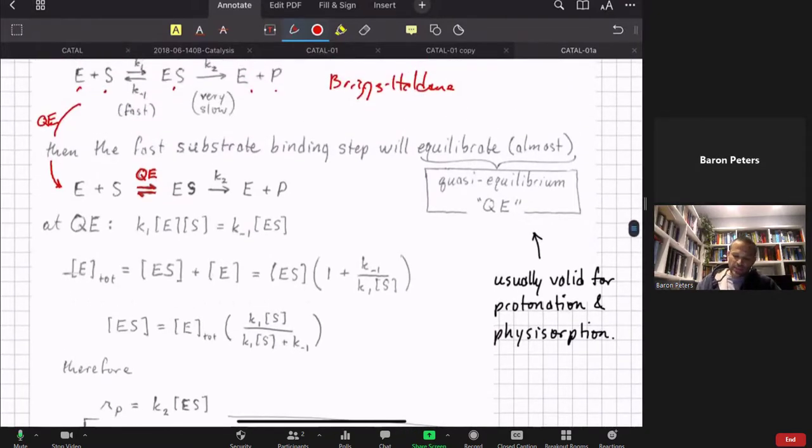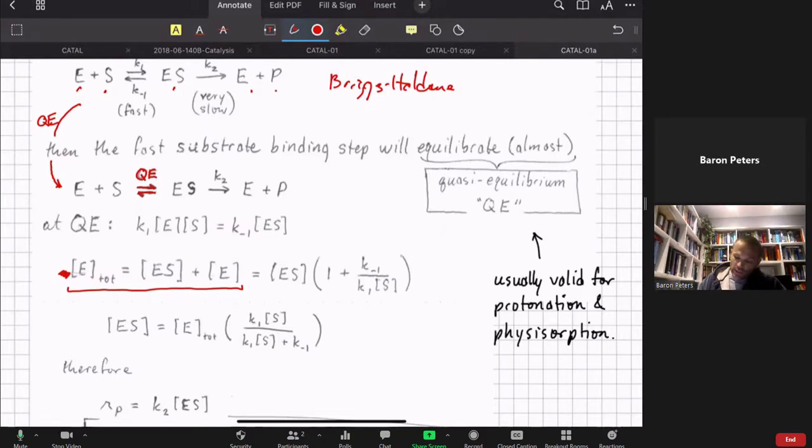So if we let these things be quasi-equilibrated, now I can go straight to my total enzyme concentration, which is again a sum. The site balance, we can always use this. Never forget to use your site balance. First step in a catalysis problem is to write down your site balances and then make assumptions about the relative rates of different steps and maybe fall back on pseudo-steady-state approximations for the others.